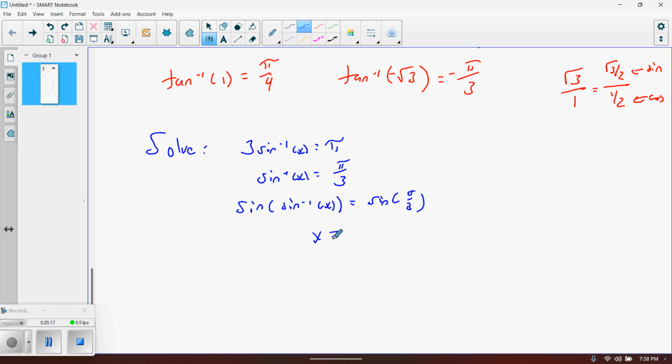And on the right side, we just have to evaluate the sine of pi thirds, which in this case is square root of 3 over 2. And because we started off with an inverse trig function, you just have to make sure that that is within your domain, and square root of 3 over 2 is within the domain, right? It's got to be something that's going to give us a value between -1 and 1, and this one does.